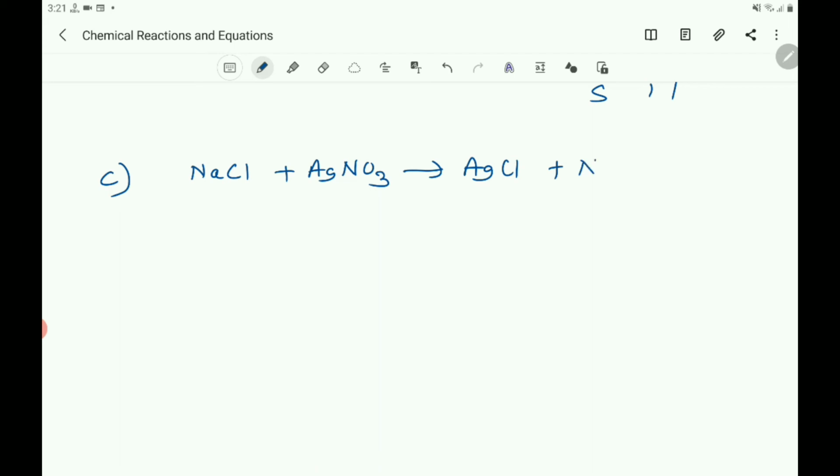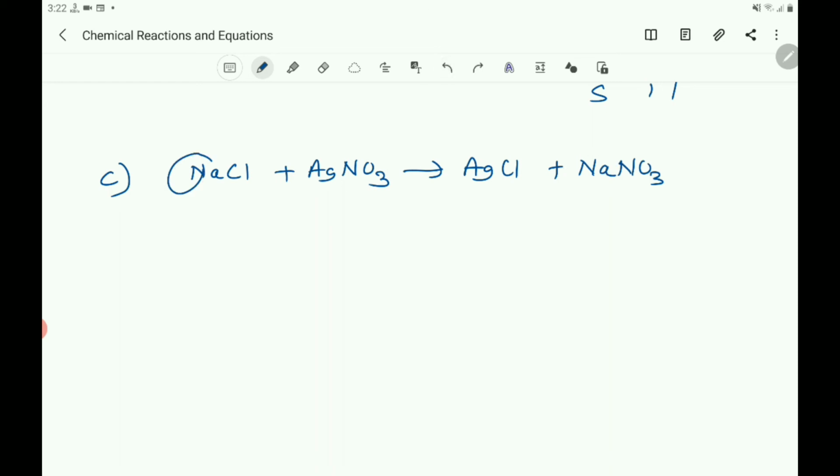AgCl plus NaNO3. Now here these two are the compounds with maximum number of atoms, and here O3 both are same, and N both are same, and Ag also same, and Na also same.